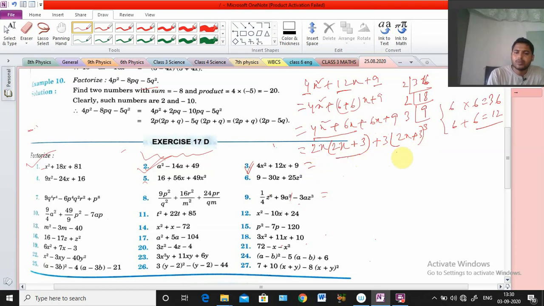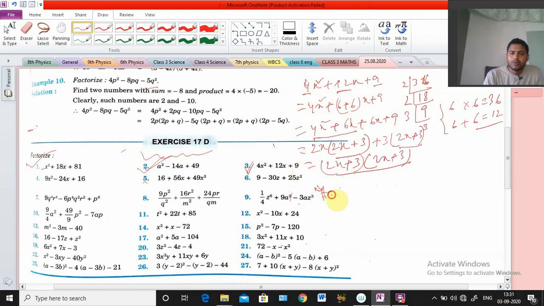Understood? So see, in the bracket the same portion is coming. Yes sir, the same portion is coming. So (2x plus 3) into (2x plus 3). Clear? Clear or not clear? So this is the answer. Okay, I hope it is clear.